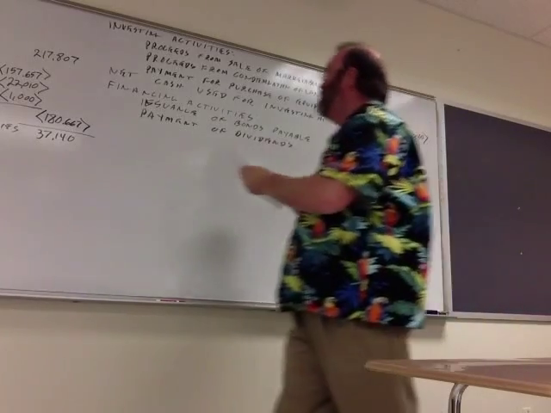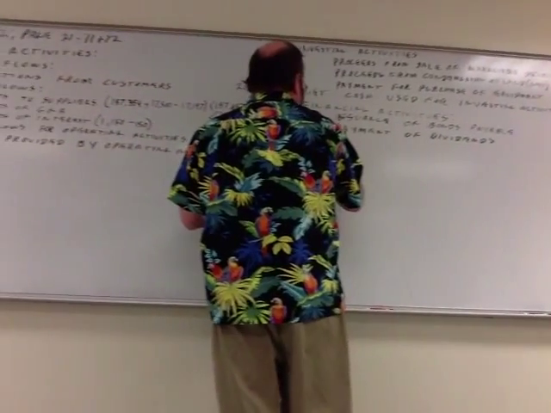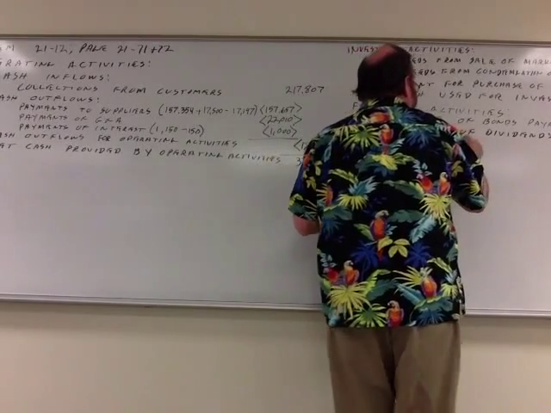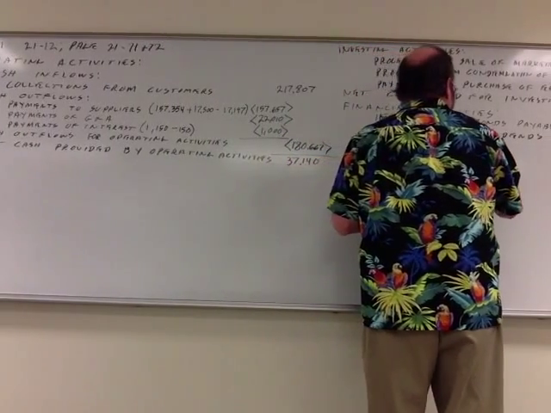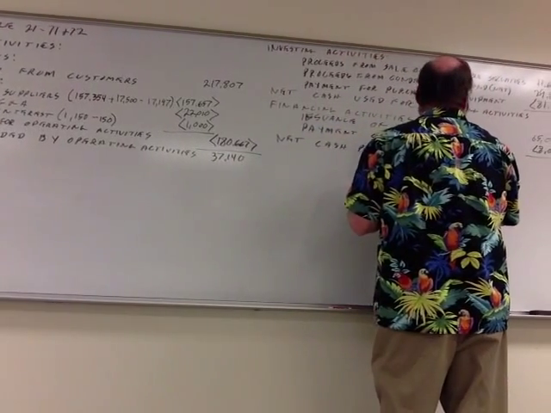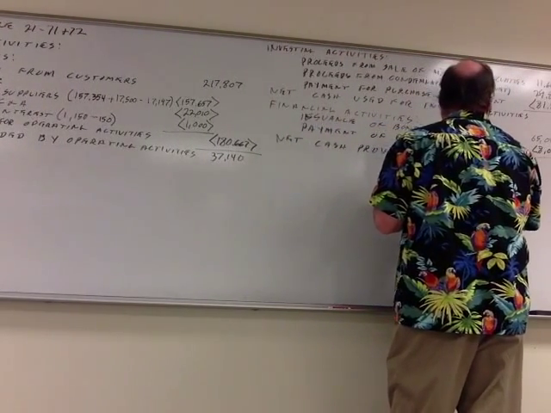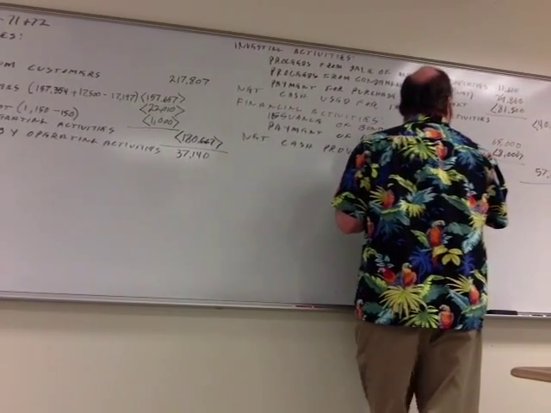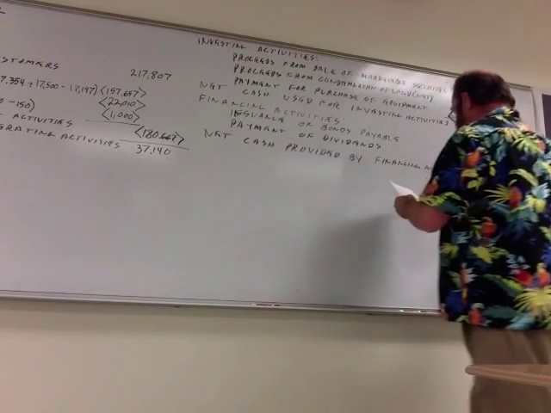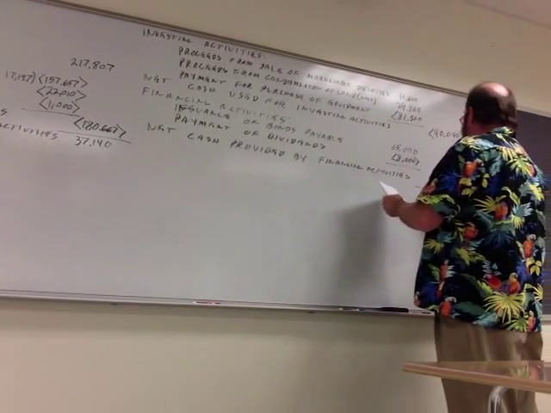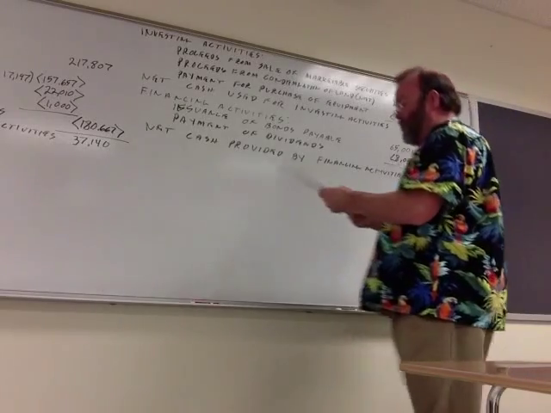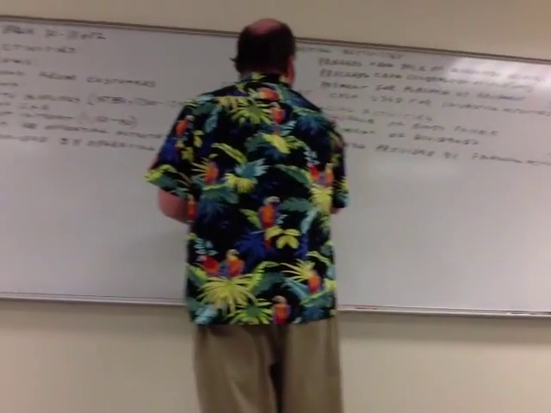Add up the three items: net cash provided by operating, net cash used for investing, and then this one is net cash provided by financing. And that gives us 54,100 net increase in cash.